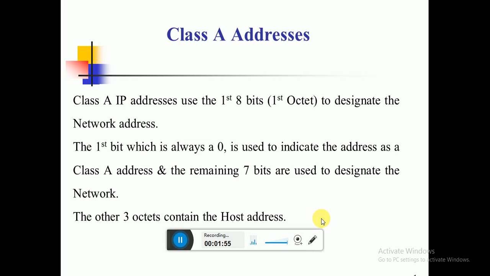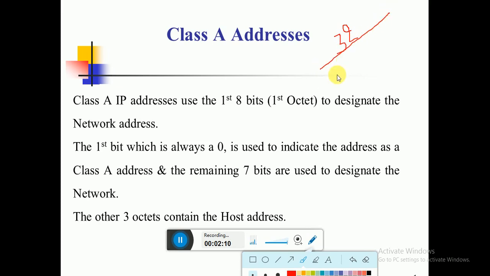Okay. So in last class we also said that IP version 4 is how many bits in total? 32 bits. IP version 4 is 32 bits. So these 32 bits are divided into 4 portions: 1, 2, 3, 4. Each of these 4 portions has 8 bits, 8 bits, 8 bits and 8 bits, which become a total of 32 bits.